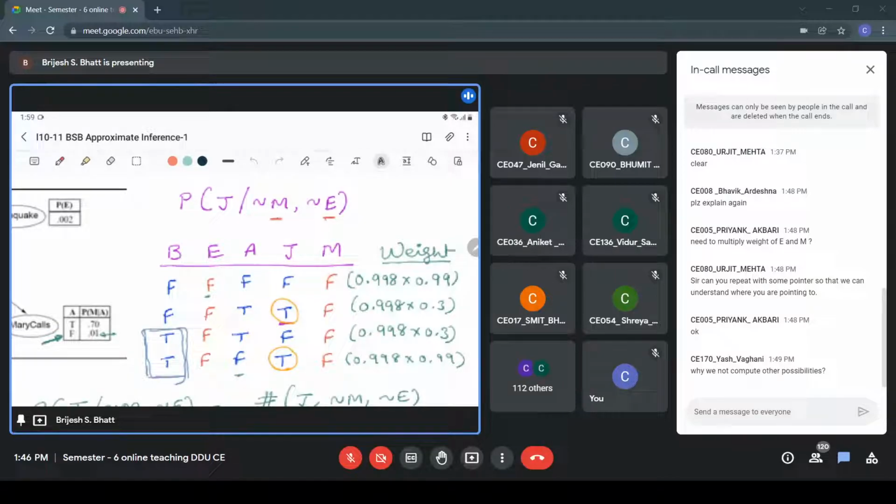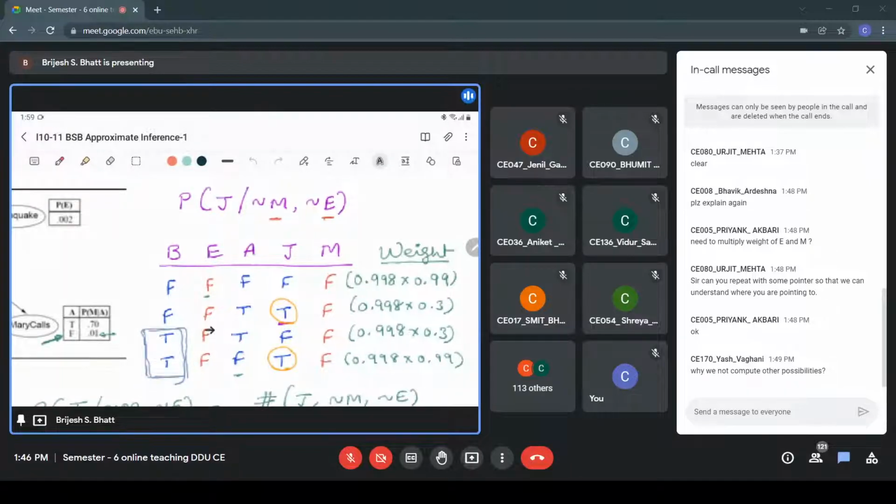Sampling for the remaining variables would be the same as the random sample. We will generate a random number, and based on that, we will find out the values. So let us say the first sample has B is equal to F, A is equal to F, and J is equal to F. E and M anyway we have chosen to be fixed.